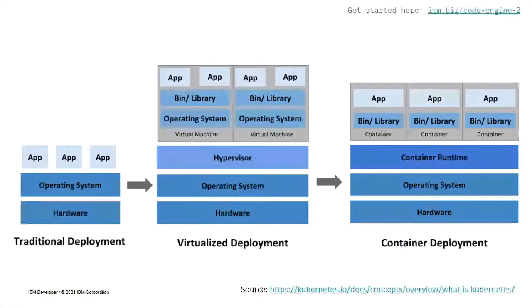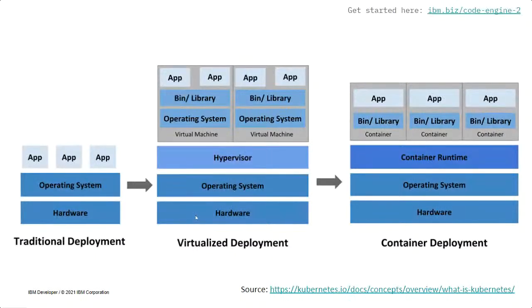The solution was to have each application in its own physical environment with its own hardware and operating system. But this was a very costly solution. A more cost-effective solution was the virtualized deployment, which is similar to traditional deployment, but you wouldn't need as much physical hardware. You would simply divide your existing hardware into virtual machines.